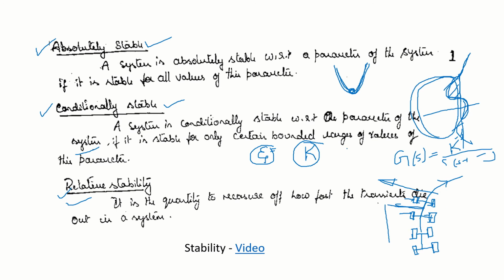Suppose you take an aircraft, you are flying an aircraft. Sometimes the turbulence acting on the system may make the system unstable, so it will start rolling about this axis.